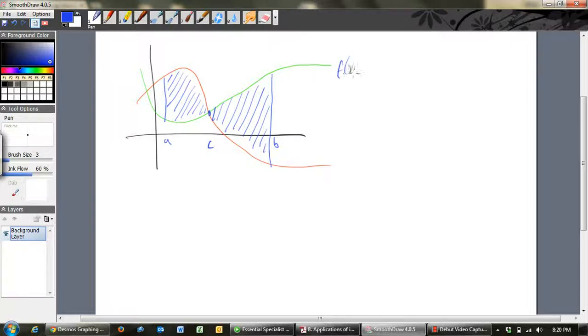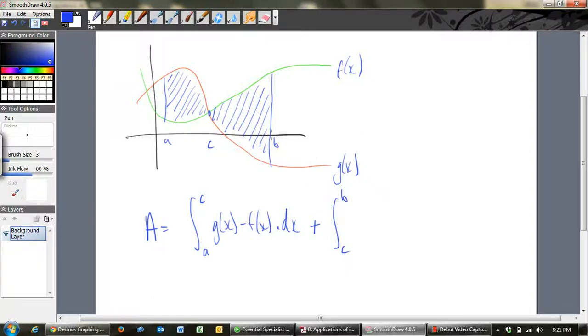So if the green line was f of x and the red line was g of x, then your area will be equal to the integral from A to C, and in this case the red line is on top, so g of x minus f of x dx, plus the area of the next lot from C to B. From C to B, f of x is on top for this region, so f of x minus g of x. Beauty. Don't forget your dx, because I almost did just then.